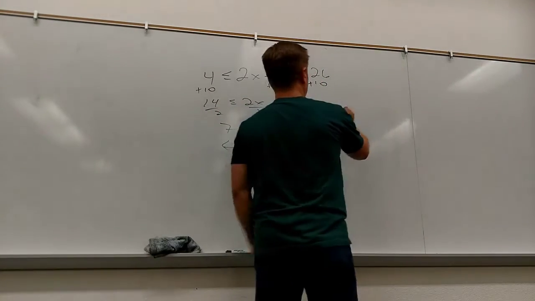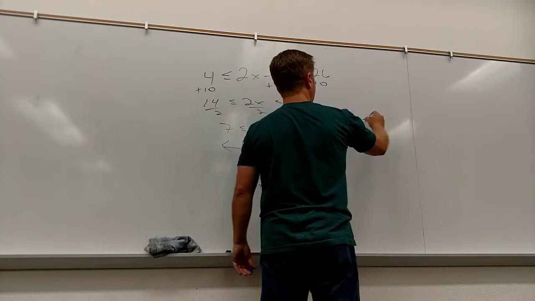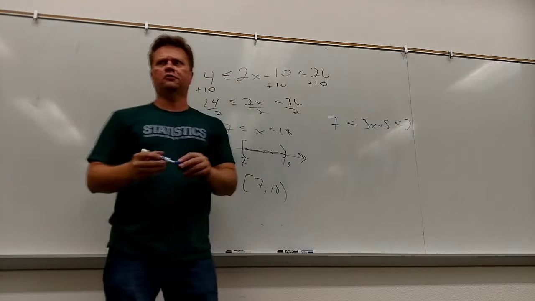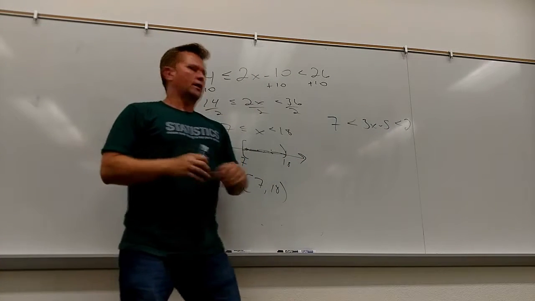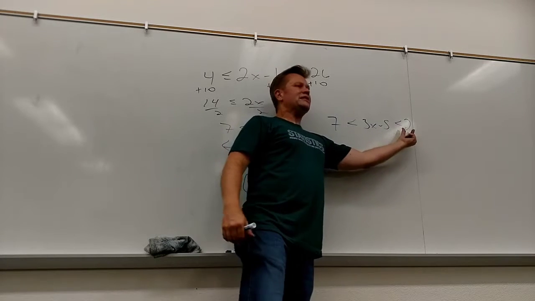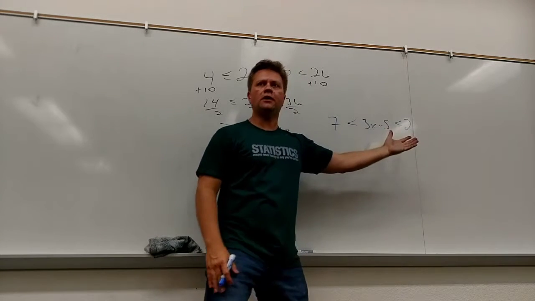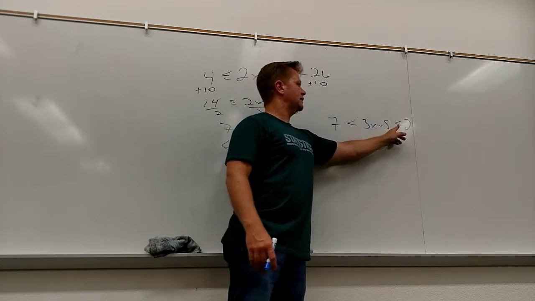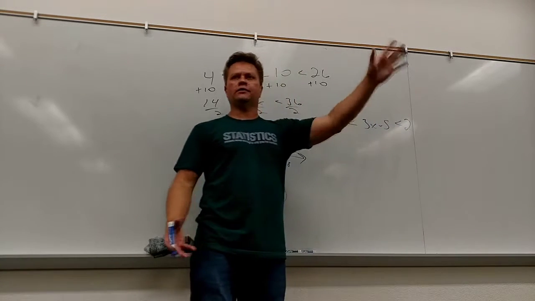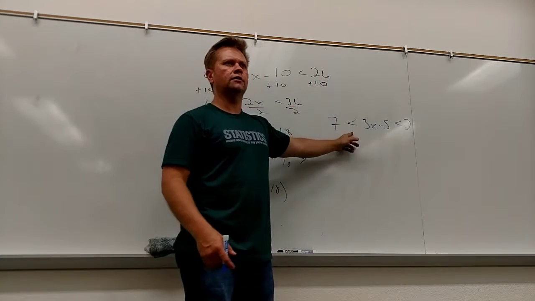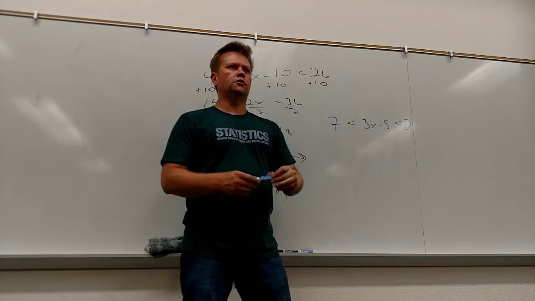If I put 7 less than something less than 2, how do I know it's wrong already? I'm saying that 7 is less than something which is less than 2. How is that possible? How can 7 be smaller than something that itself is smaller than 2? That's the only way this kind of problem could come out with no answer, and it would almost be silly to do that. In the beginning, you would see it.